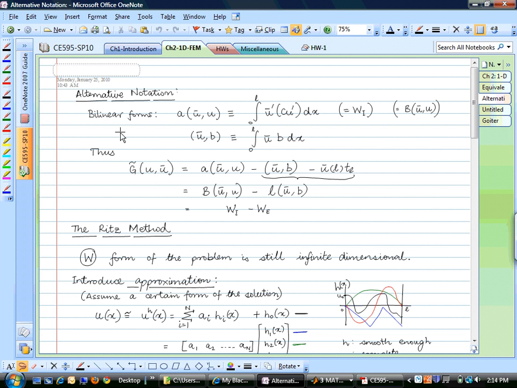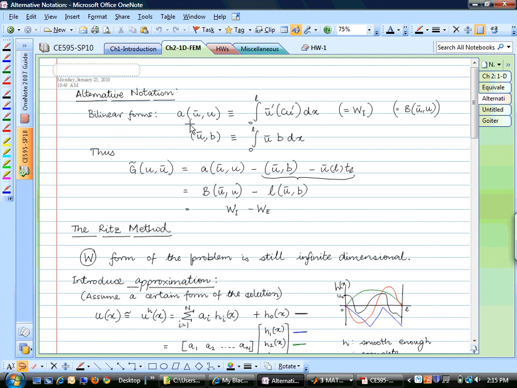In your books, you might actually see a couple of alternative notations. So I included some of those here. The Hughes book likes to express it in terms of what are called bilinear forms. So they define a quantity A, which is nothing but your internal virtual work. And this bilinear form is from the Reddy book. So if you see these alternative notations, they're just saying the exact same thing.